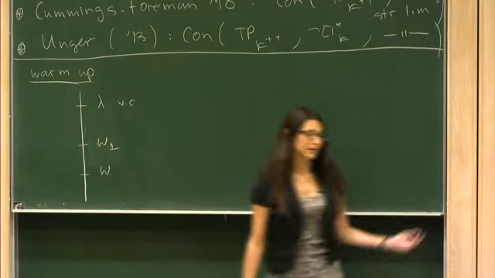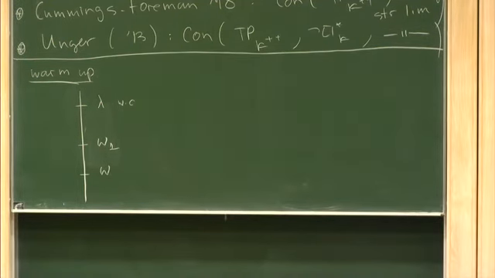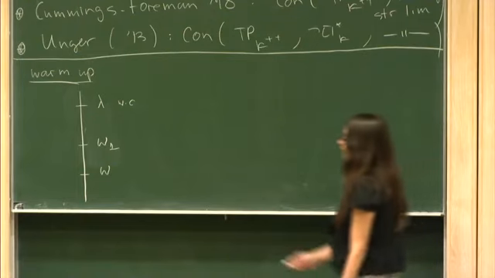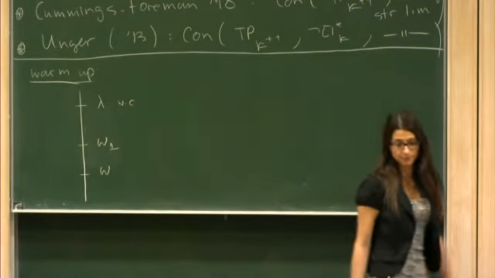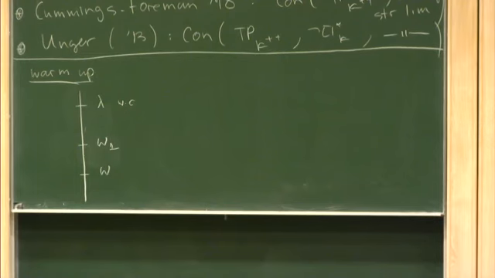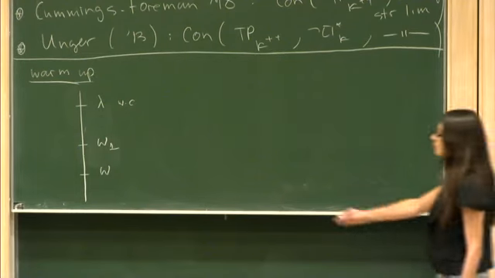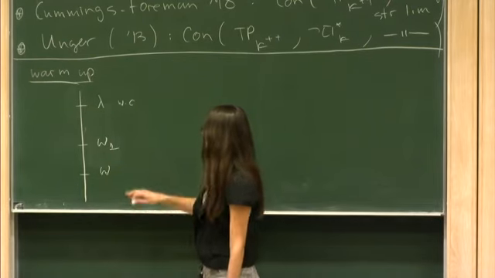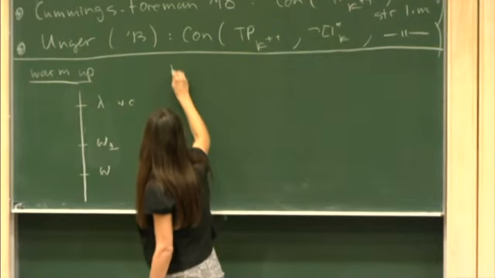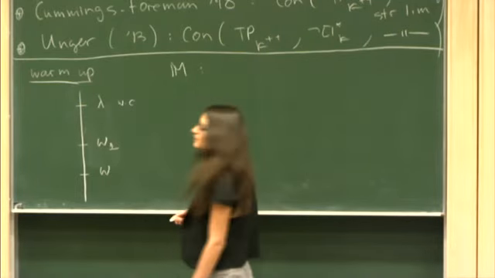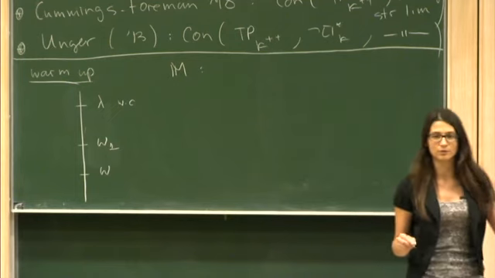Note that by the result of Specker that I mentioned yesterday, CH implies that the tree property would fail at omega 2. So one of the things that has to be done in order to hope to get the tree property is to violate CH. For example, one needs to add lambda many reals. So the Mitchell poset, let me first tell you what it does before I write down the definition.